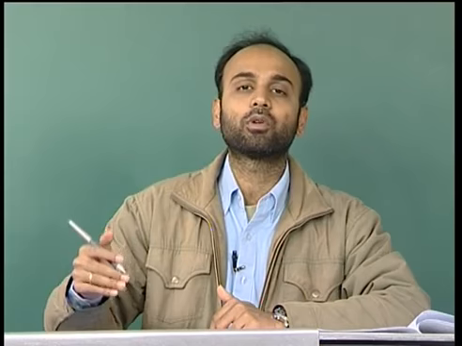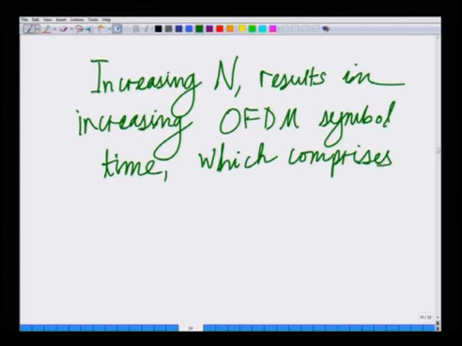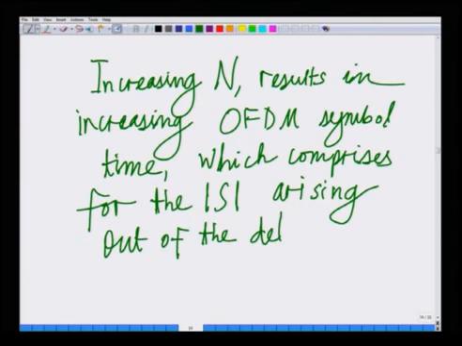So, ISI becomes a progressively smaller fraction, which compensates for the ISI arising out of the delay spread. However, what is the trade-off in increasing n?